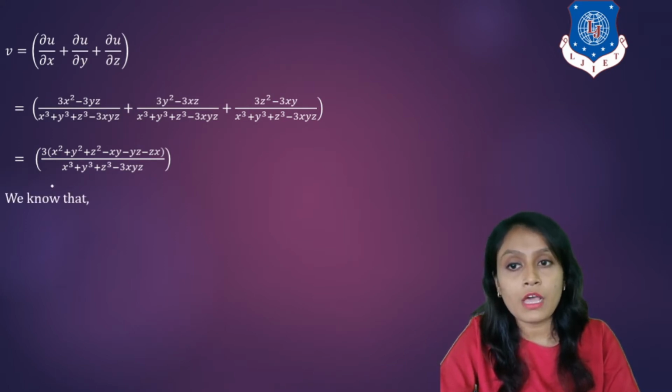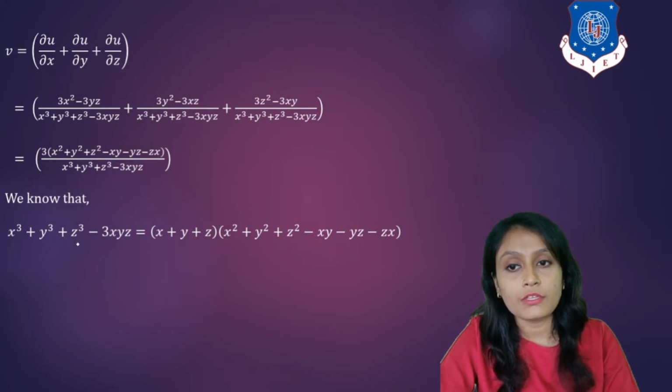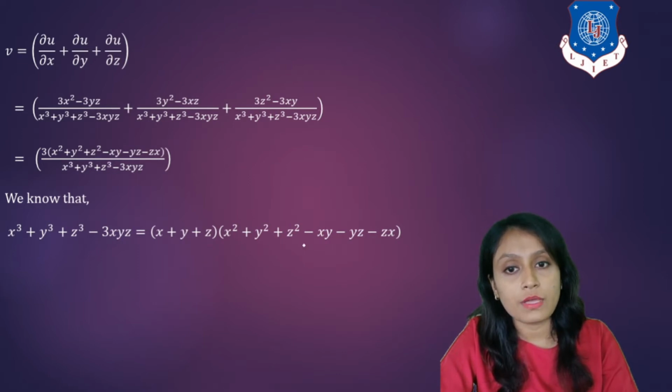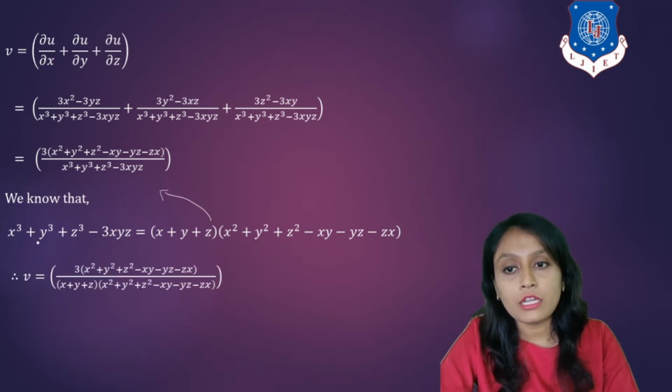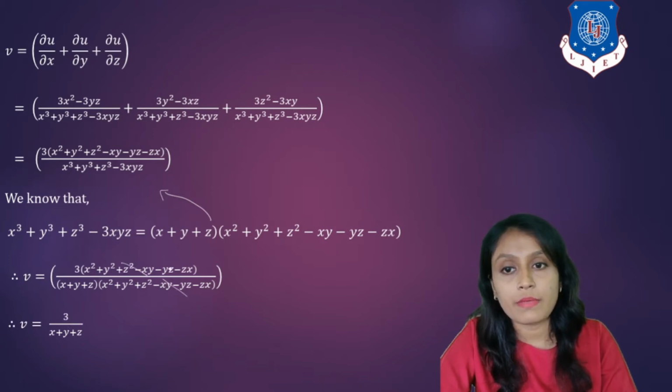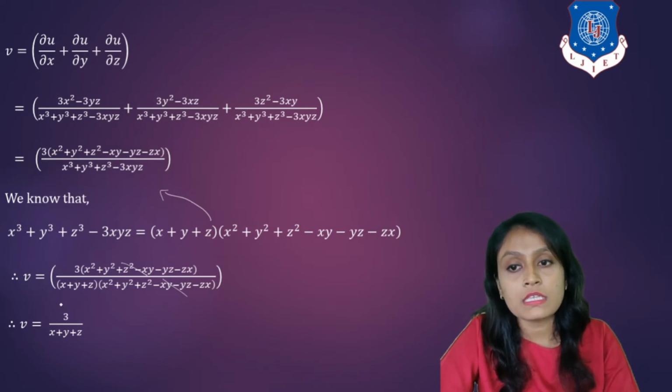Now we know the formula for x³ + y³ + z³ − 3xyz: it is (x + y + z)(x² + y² + z² − xy − yz − zx). We substitute this formula in the denominator. On substituting you will get v equal to this. Now you can see that the term x² + y² + z² − xy − yz − zx gets cancelled, and what remains is 3/(x + y + z).